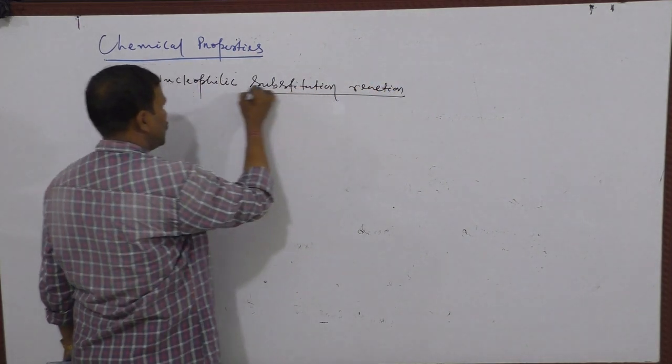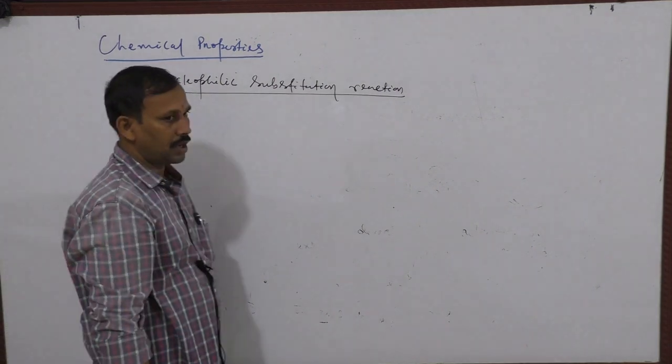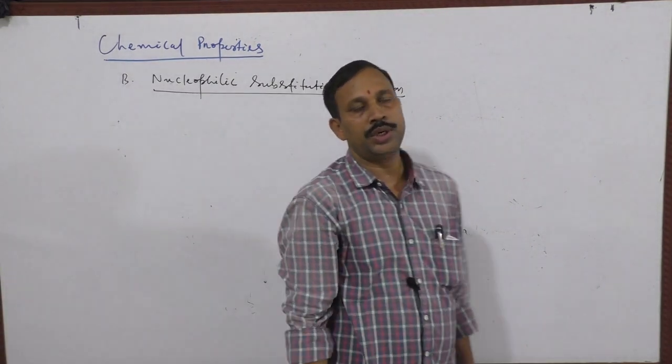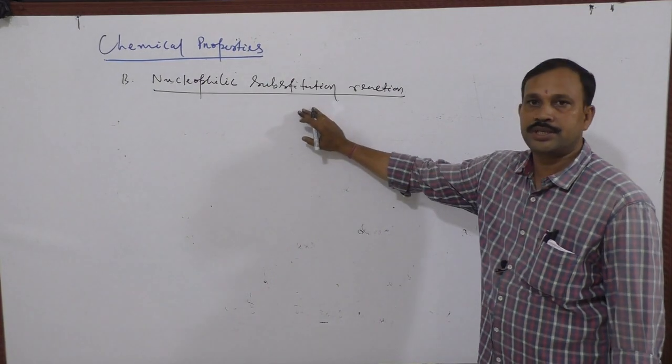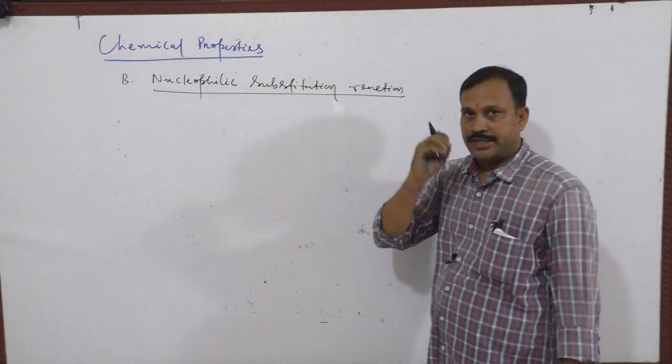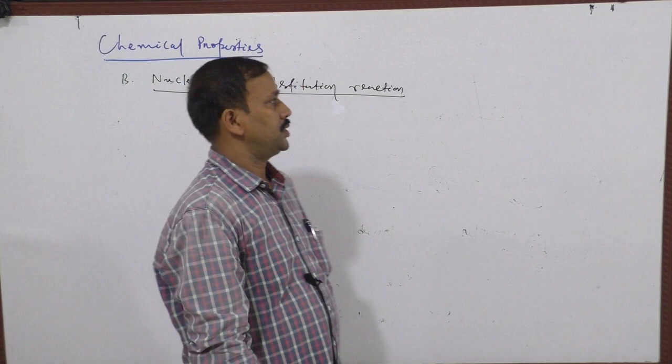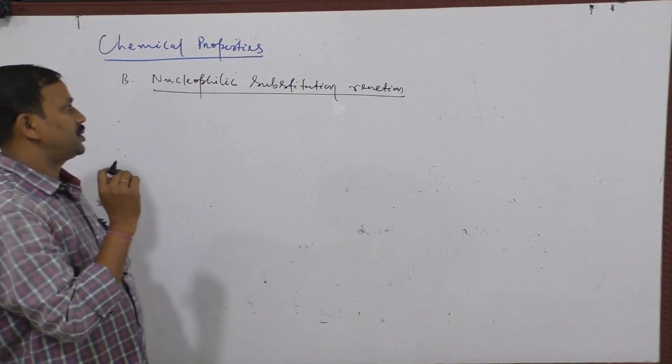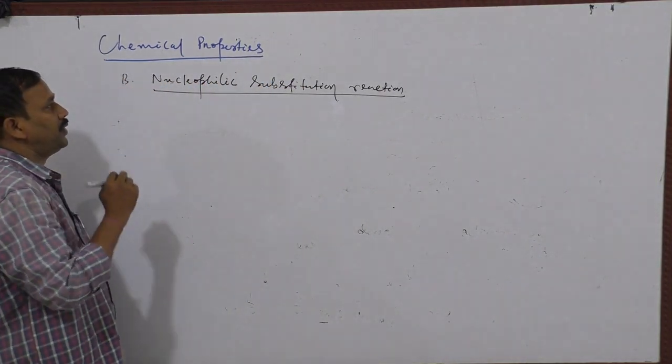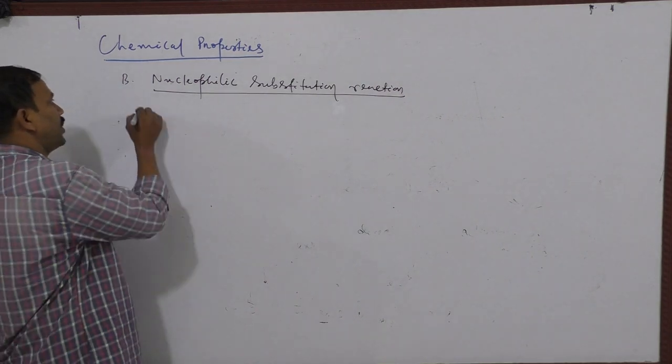Under normal condition, chlorobenzene or haloarene does not show nucleophilic substitution reaction. But under drastic or vigorous condition, it can show some specific nucleophilic substitution reactions.